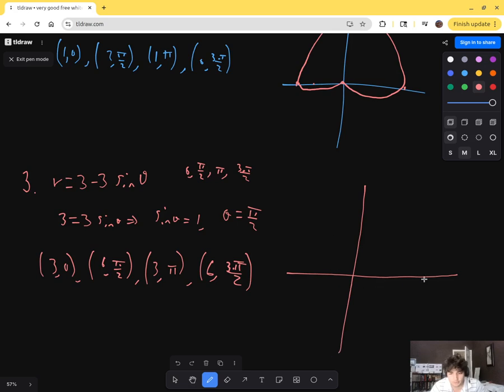Okay, now let's graph this. So 3 comma 0, right here. 6 pi over 2, so all the way up here. 3 pi, it's like right here. 6, 3 pi over 2, that's all the way down here. I think I messed up somewhere.